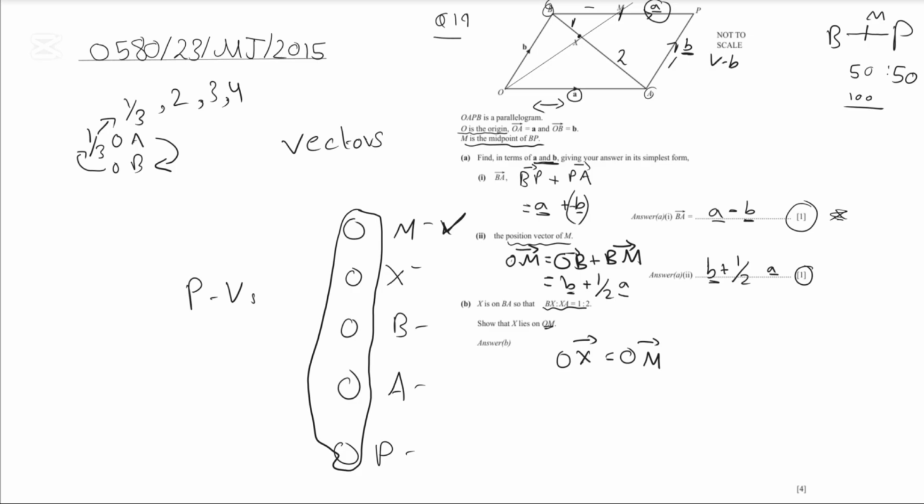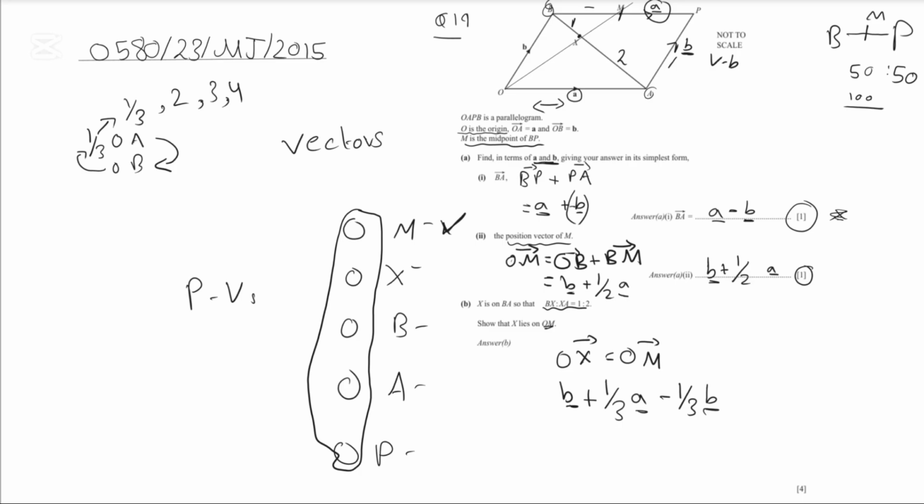So first of all, we need to find the value of O to X. O to X will be B, as O to B is B, plus B to X, which will be 1/3A minus 1/3B. The reason it is 1/3 is because B to A is 3.